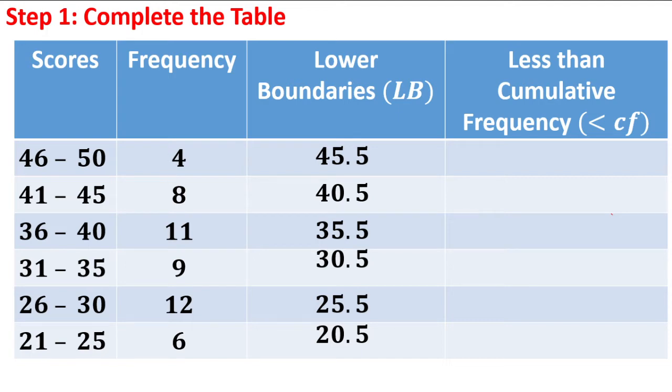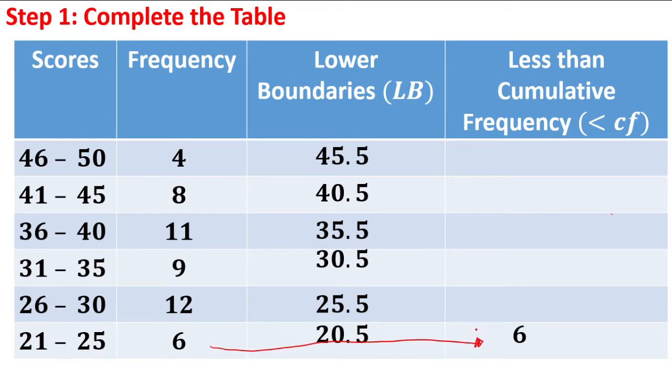So how do we compute for the less than cumulative frequency? You have to begin with the lower part of the table for less than cumulative frequency. So you have to begin here, and you have to use 6 to get the cumulative frequency of all the given distribution.